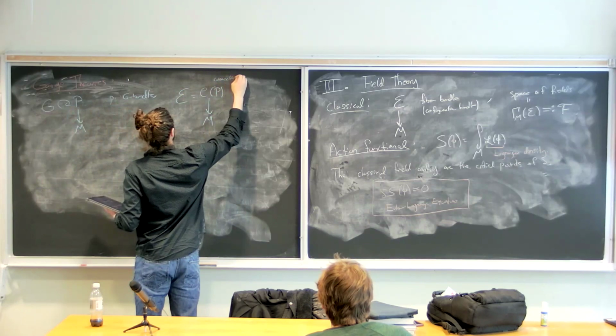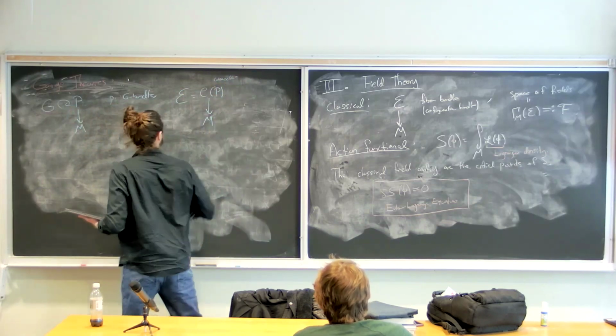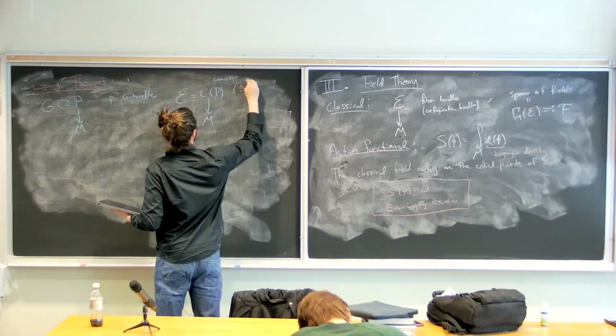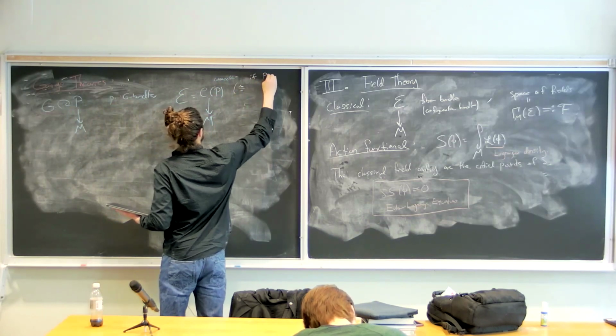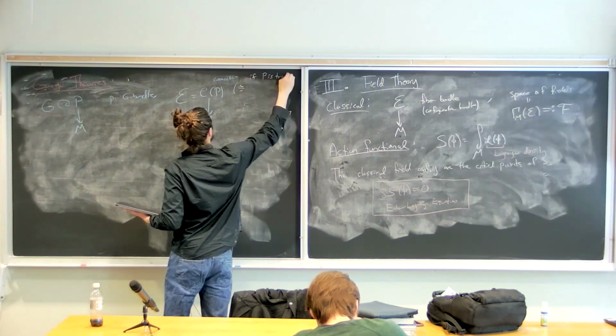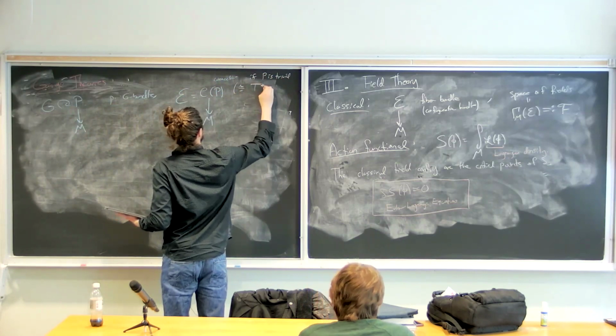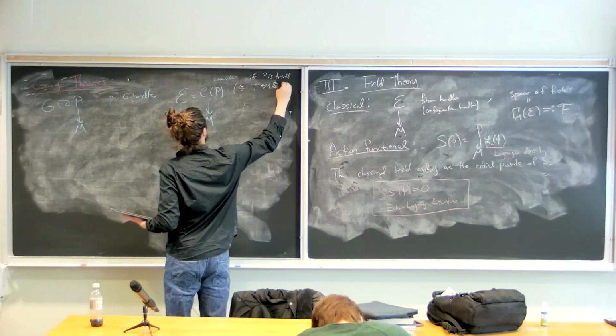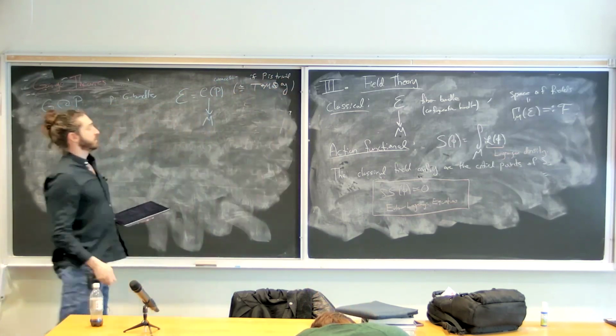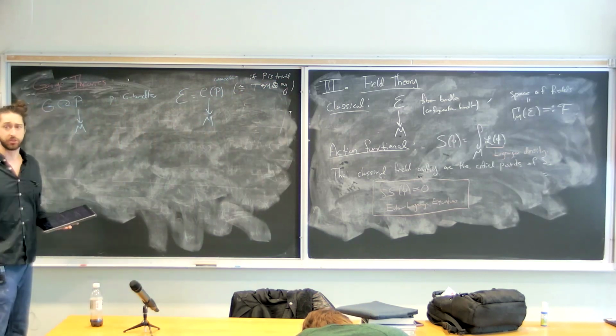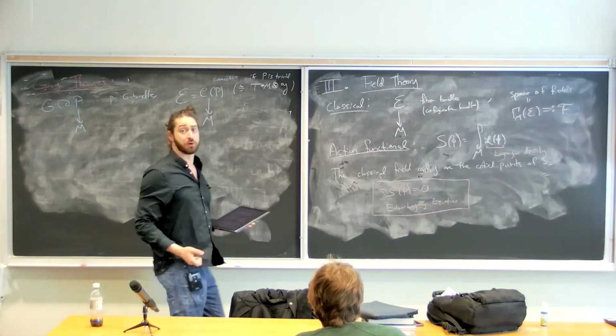So if P is trivial, which is often the case, or even often assumed, then this is, of course, just T star of M, non-canonically though, T star of M tensor with the Lie algebra. Yeah, so Lie algebra valued one forms.